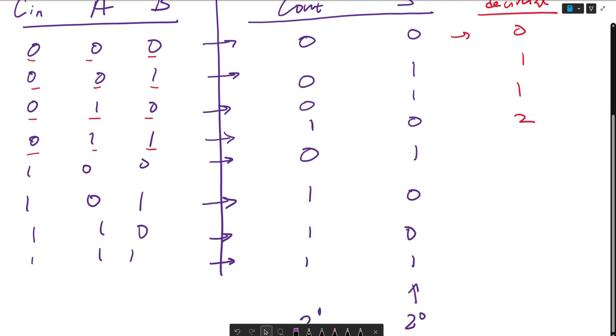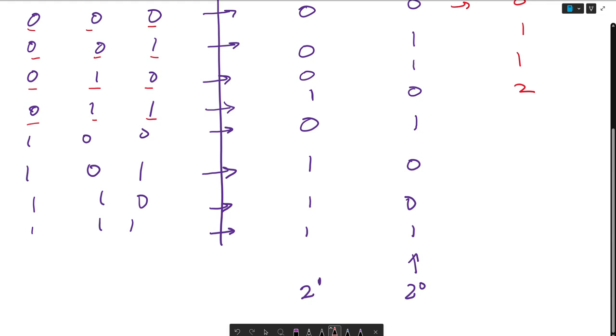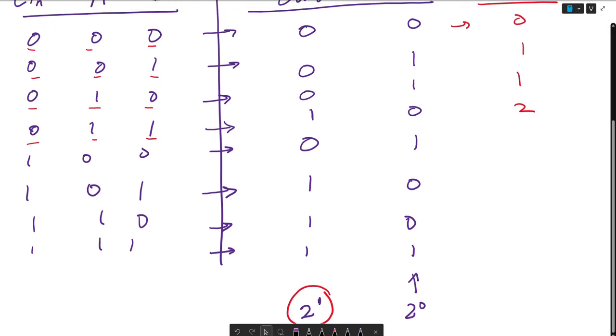And essentially, in order to get 2 in binary, we would have to go to this placeholder. So that's why this carry out is 1, and this is 0.